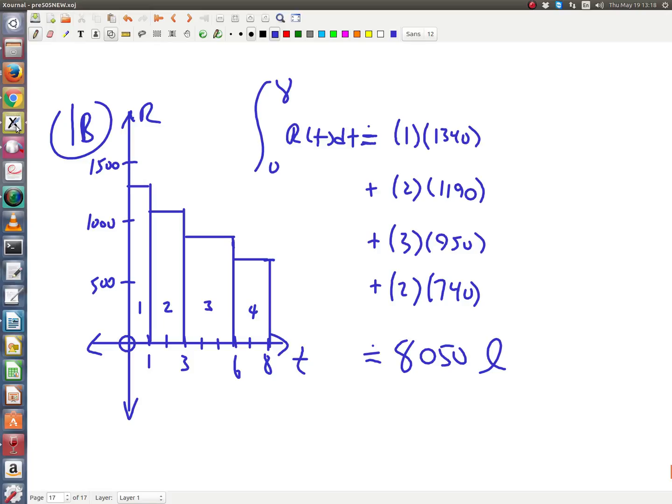So the left sum is an overestimate because f prime is negative. In other words, the function is decreasing. Ta-da. So that's 1b.